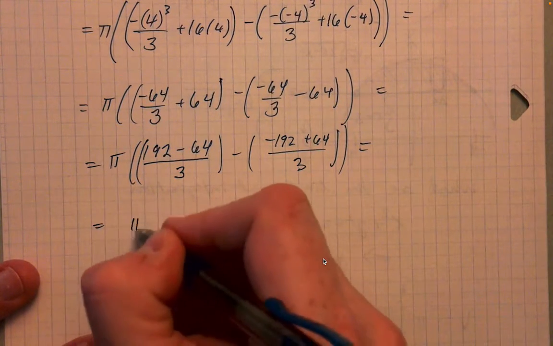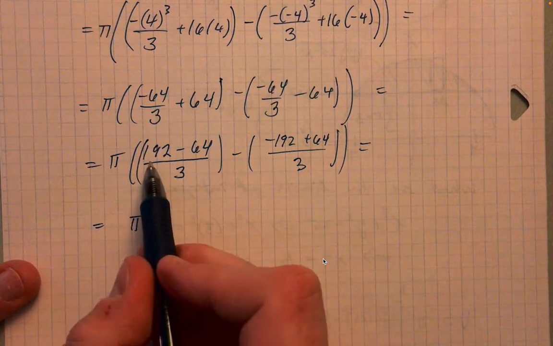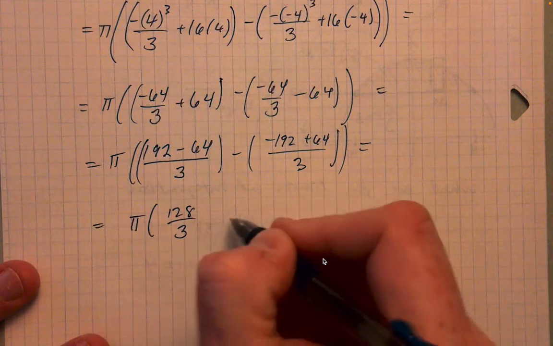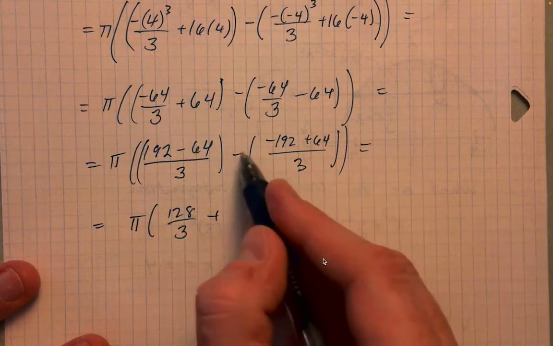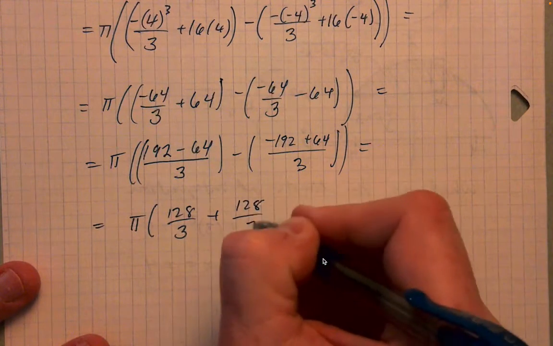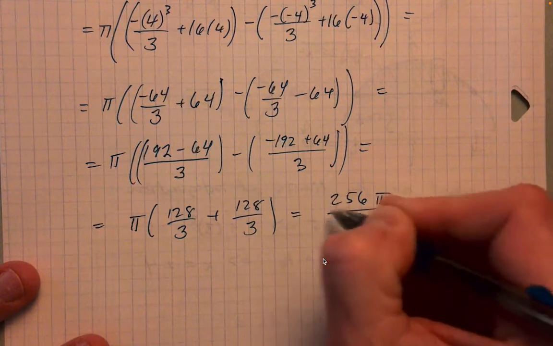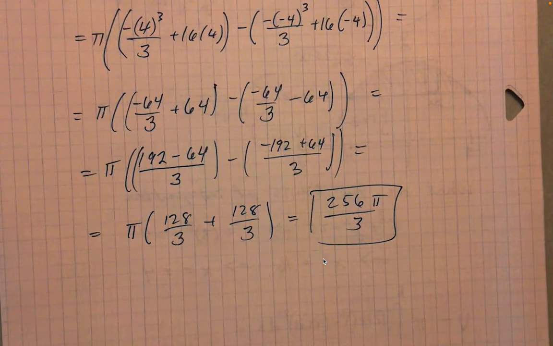And you get pi times 128, yep, over 3, plus 128 over 3. And so you get 256 pi over 3. Nice.